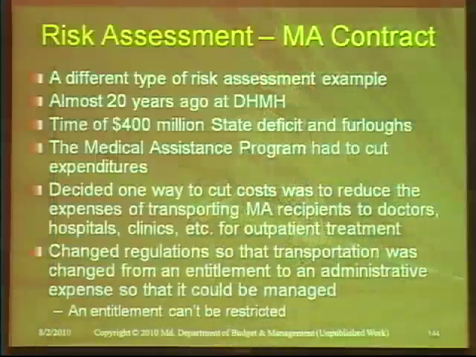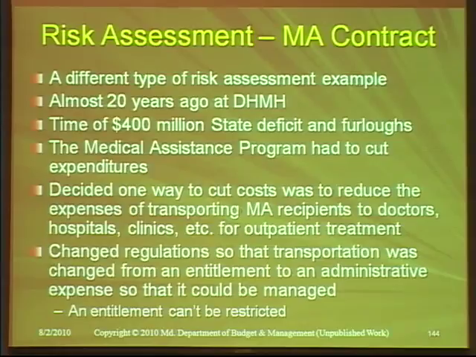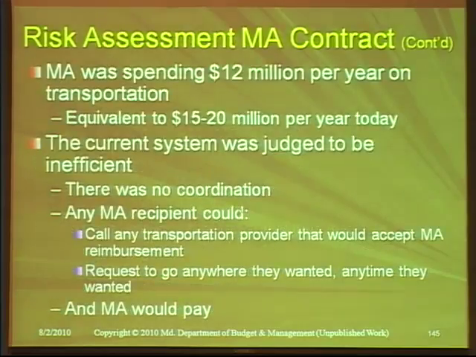So they got the regulations changed from an entitlement to an administrative expense so they could manage it. At that time, and this may sound trivial now, they were spending $12 million a year on transportation. Today, I guess that might be somewhere in the neighborhood of $15 to $20 million, maybe even more, for just getting people to the doctors and hospitals. The system at that time was judged to be inefficient.